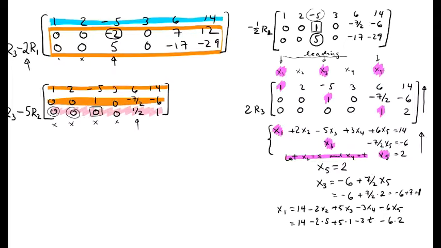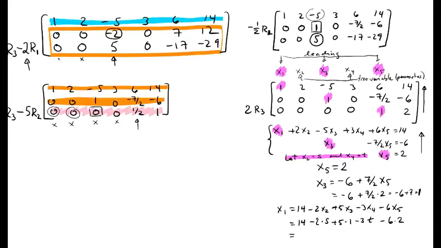So you've got the leading variables here, and you've got what are called the free variables. Those are assigned parameters. Any parameter, in this case, is an arbitrary value that you assign to each of your free variables.